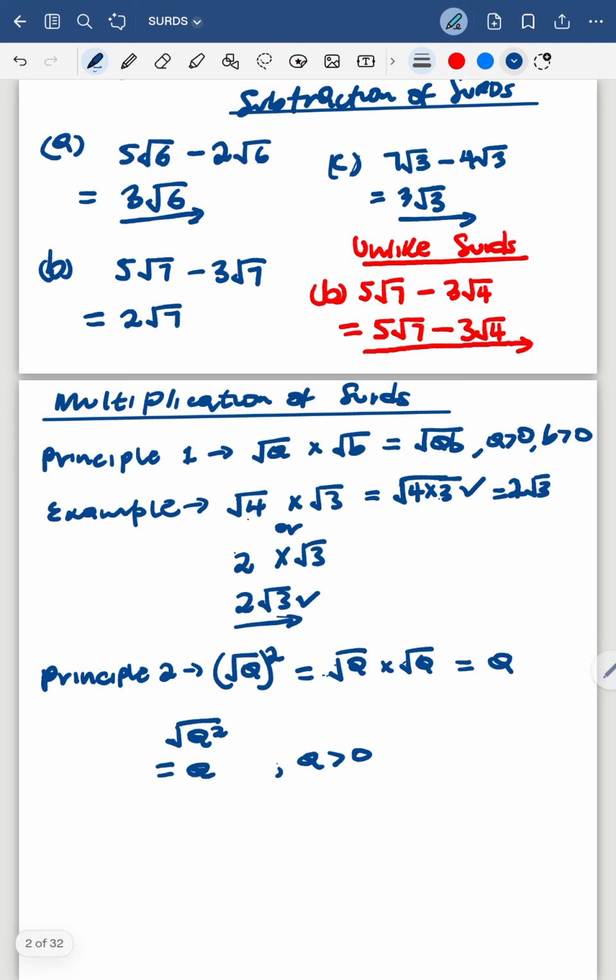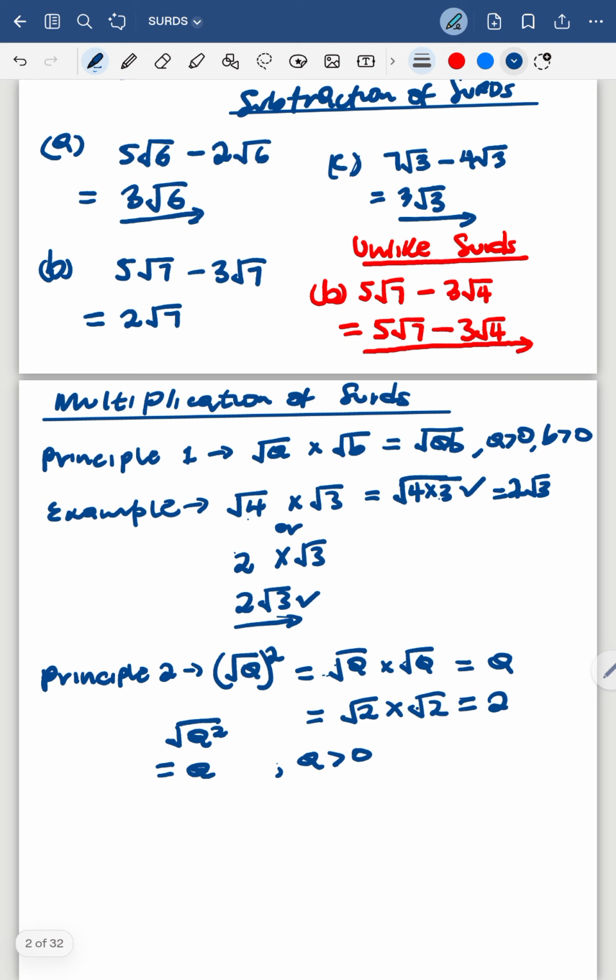But if you have A only, not squared, it's not going to be A, it's going to be root A. So if you come to numbers now, you have root 2 multiplied by root 2, then you're going to have 2, because this root and this root will cancel, then we leave these 2.